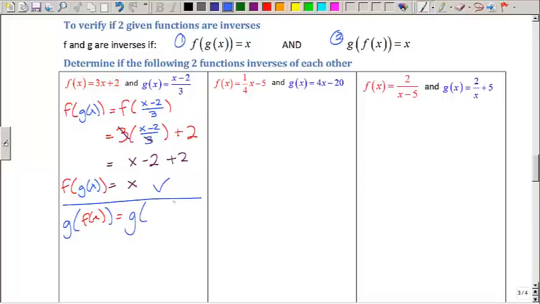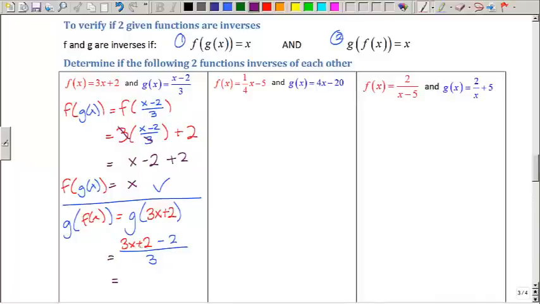So we have g of f of x, but f of x can be replaced with the expression 3x plus 2. Now I would like to find g of the expression 3x plus 2. The g function says x minus 2 over 3. But instead of x, I'm going to substitute 3x plus 2 in for x. Now I would like to simplify or reduce.